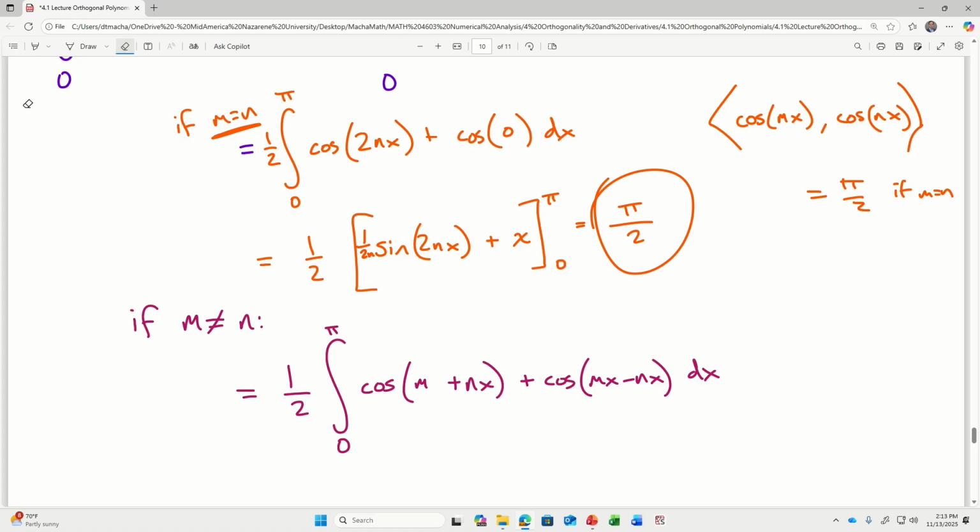Or I could factor out the x and call it m plus n times x. And then I could factor out the x and call it m minus n.